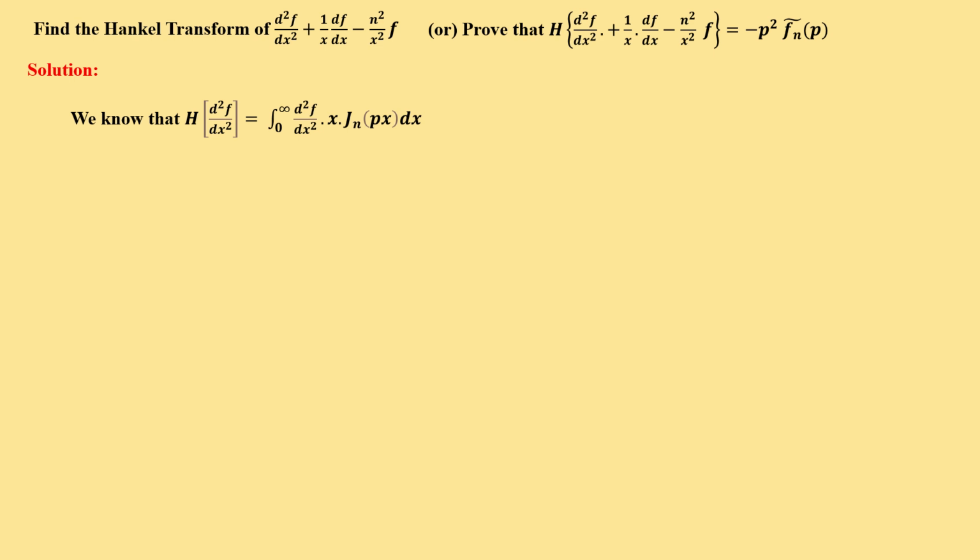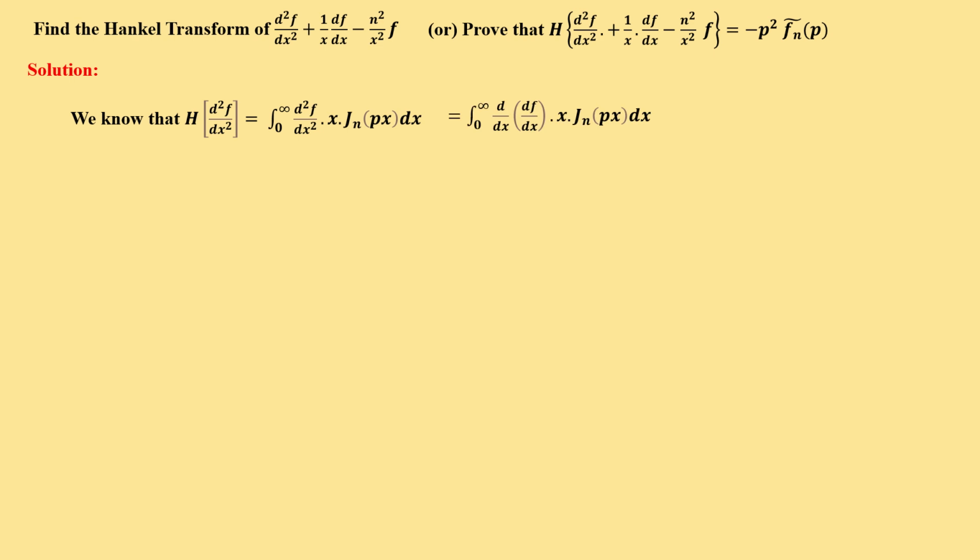So we know that the Hankel transform of d²f/dx² is equal to the integral from 0 to infinity of d²f/dx² times x times Jₙ(px) dx. This is from the definition of the Hankel transformation.